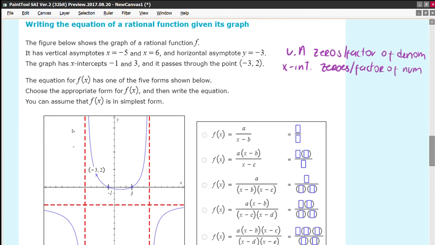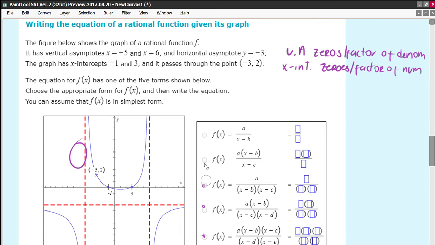If we have two vertical asymptotes, that means we're going to have two factors in my denominator, and because we have two x-intercepts, that means we're going to have two factors in our numerator.